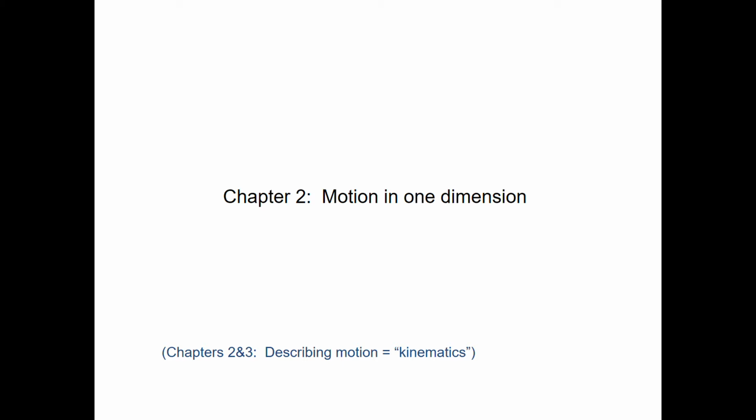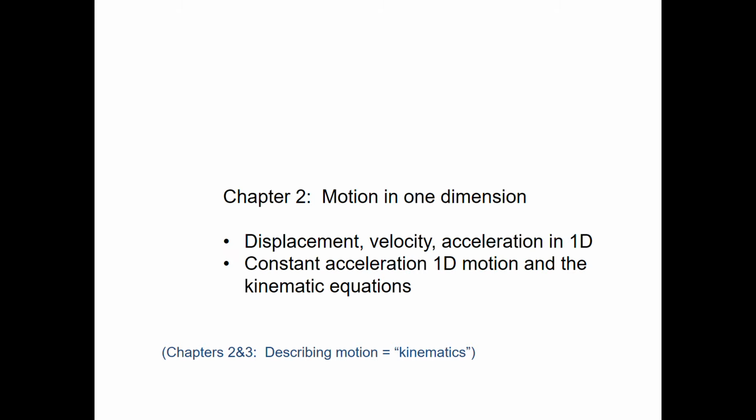In this chapter, we are going to talk about the concepts of displacement, velocity, and acceleration, but only in the case where things are moving in one dimension. In other words, we're going to think of something moving horizontally along the x-axis or maybe vertically along the y-axis, but not moving along an arc in 2 dimensions or flying around in 3 dimensions.